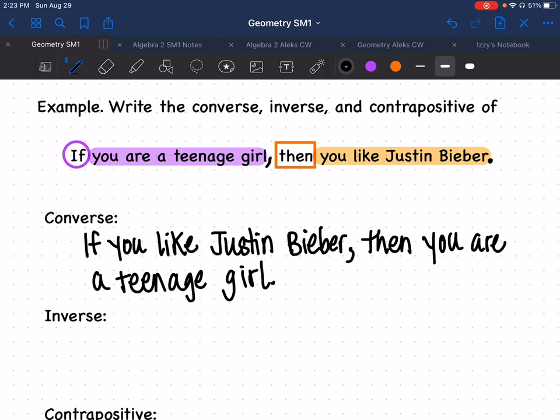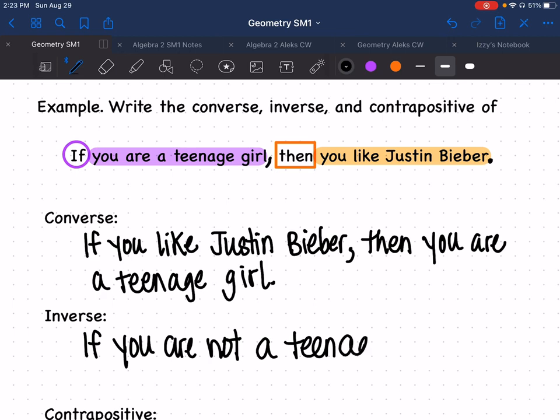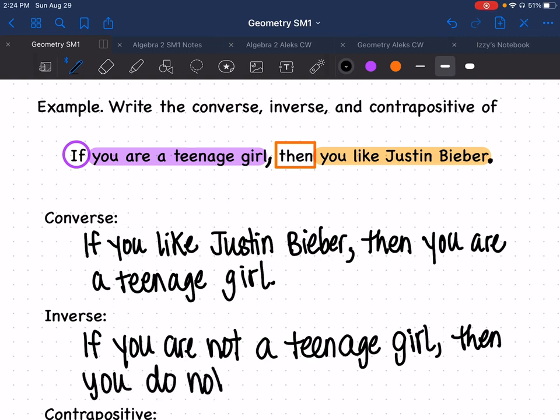So keep the form. If you are not a teenage girl, then you do not like, and I'm going to go ahead and put his initials, Justin Bieber.